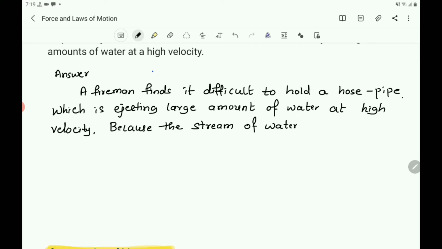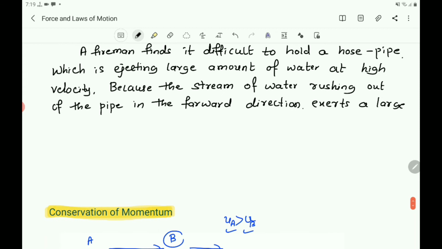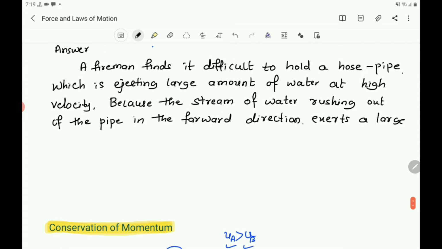rushing out of the pipe in the forward direction exerts a large force on the pipe.